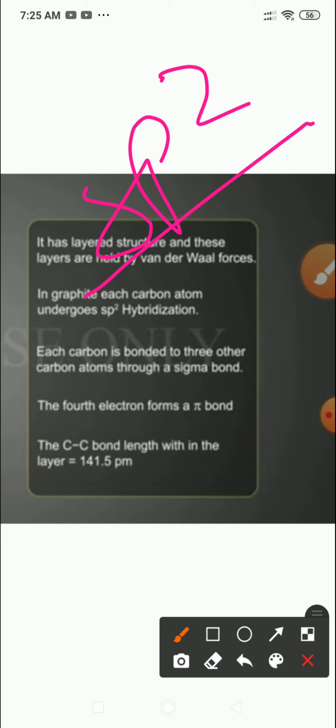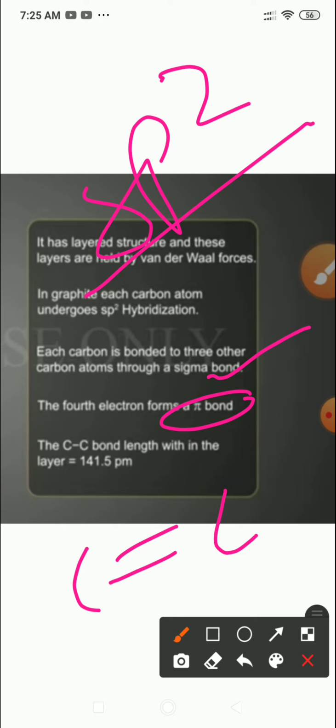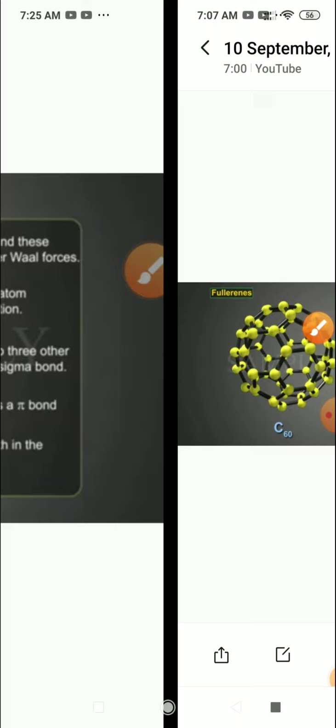Each carbon is bonded to 3 carbon atoms through sigma bonds, and there is one pi bond. Sigma bond means a single bond, so 3 single bonds are there. Pi bond means there is one double bond with one carbon atom. So the valency of the carbon atom is balanced, and there is one free electron also. So that's why graphite is a very good conductor of electricity.